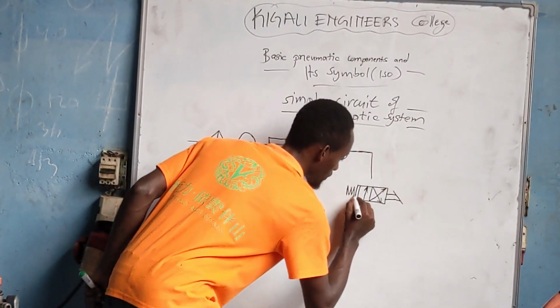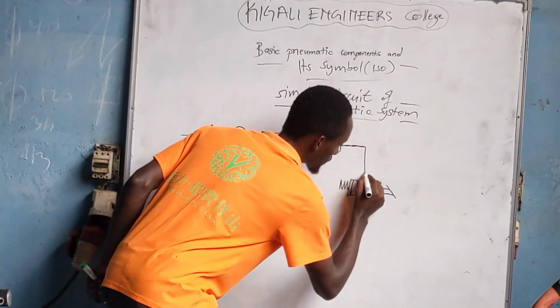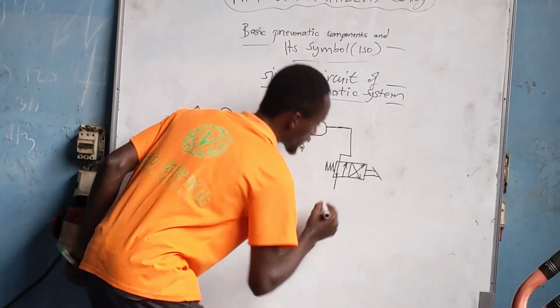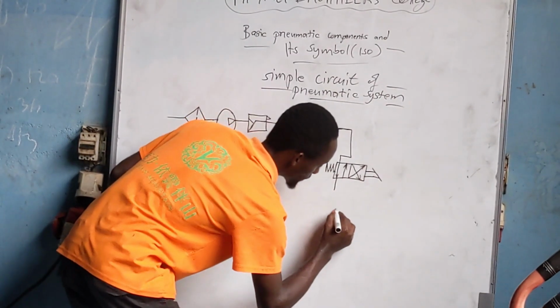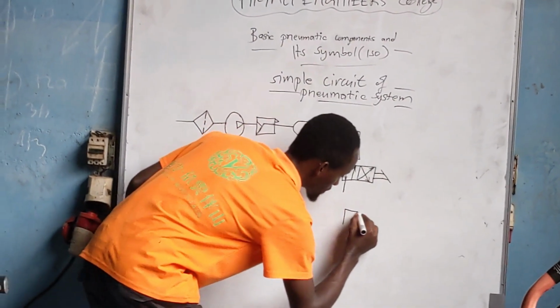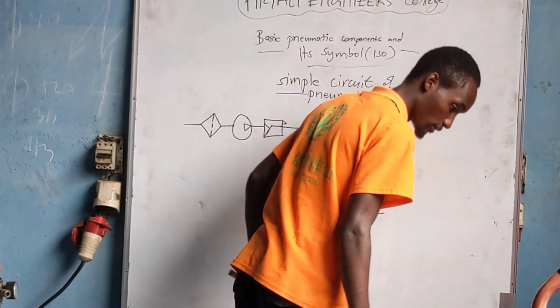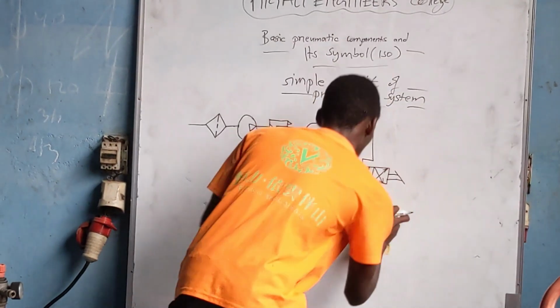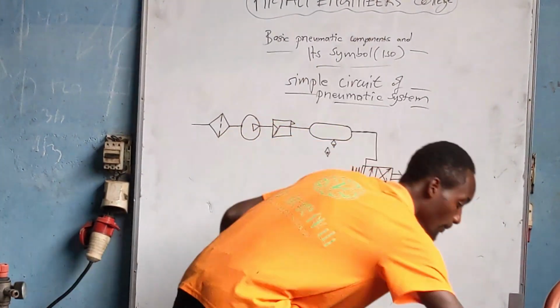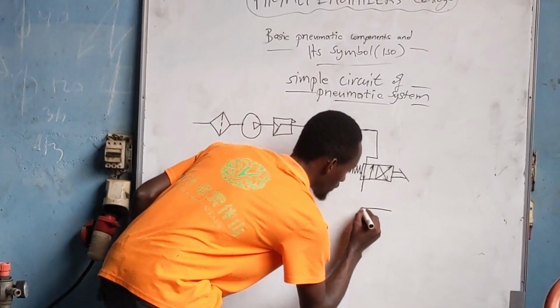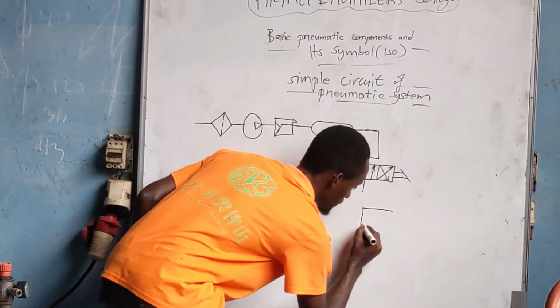This is the directional control valve, and also there is the air cylinder. We write with a straight line.